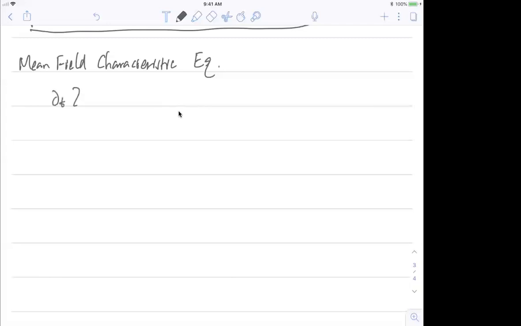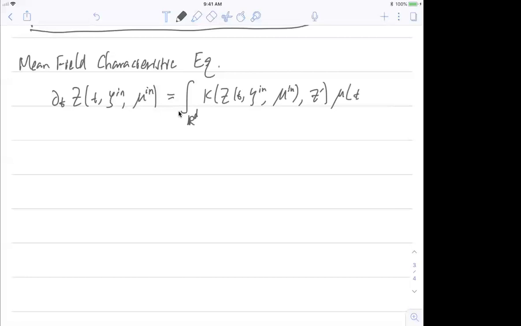So partial_t Z_t(z initial, mu initial) equals the integral of Z_t(z initial, mu initial) against z prime and mu_t(dz prime).